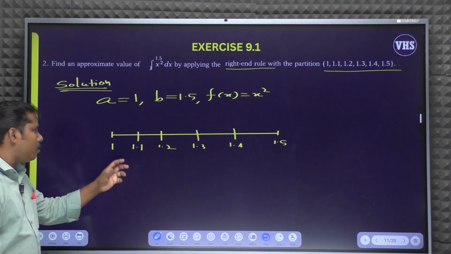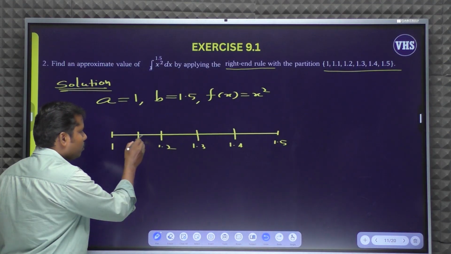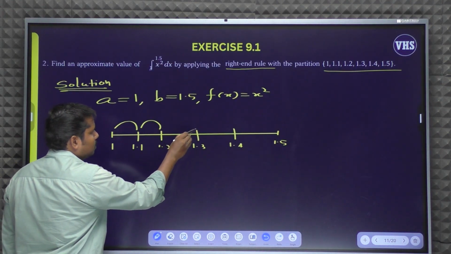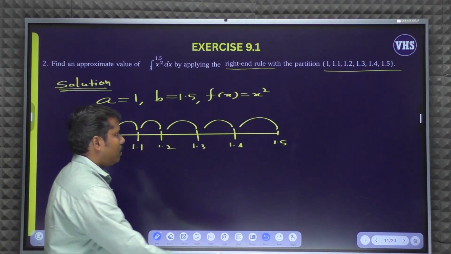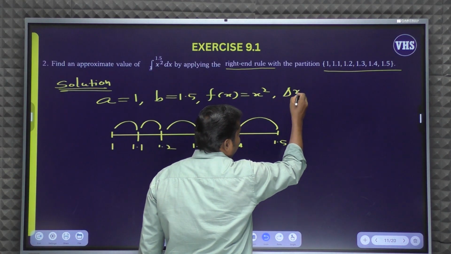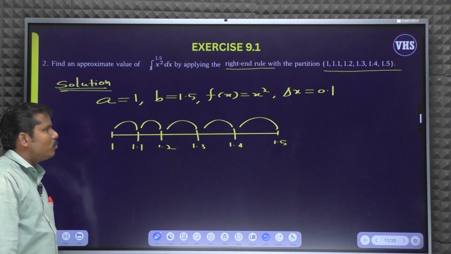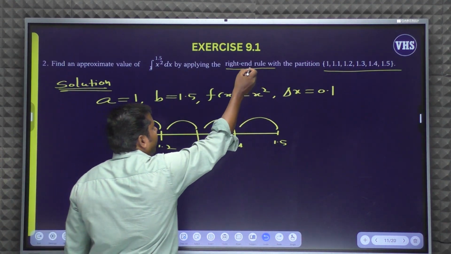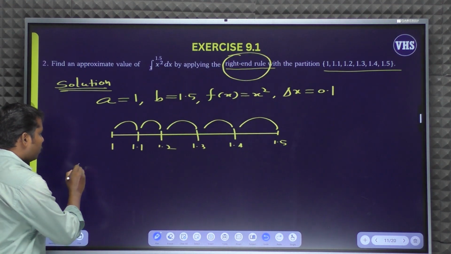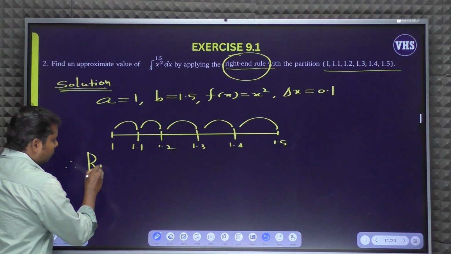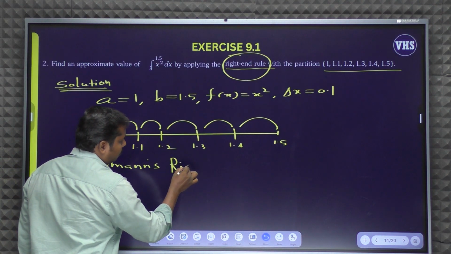Students, here also you can see that each interval is of the same width: 0.1, 0.1, 0.1. You take the difference, all the intervals have the same width, 0.1. So that must be taken to be delta x, 0.1. Okay, all things are well set to go for the problem. Right hand rule. What is Riemann's right hand rule?